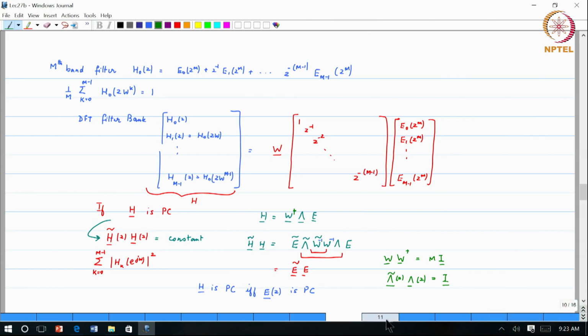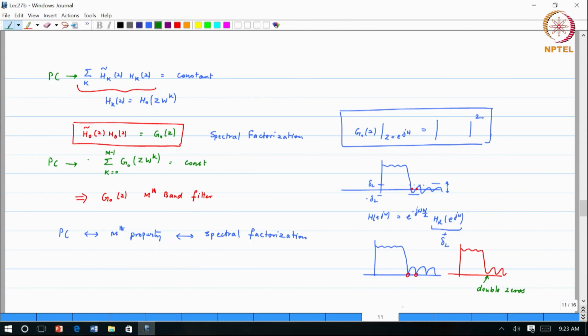Okay, the next statement is probably the one that left people with a few questions, but again I want to emphasize that. So, the power complementary property says that hk of z, hk tilde hk, if I add them up, they should be a constant. Okay.